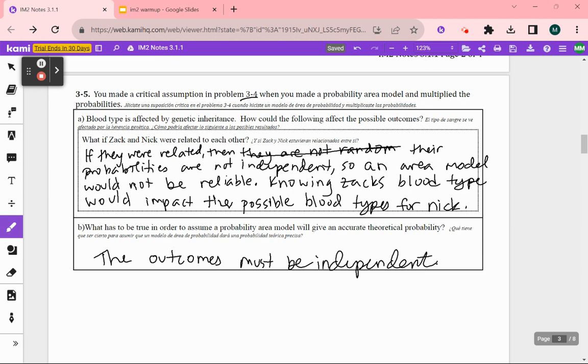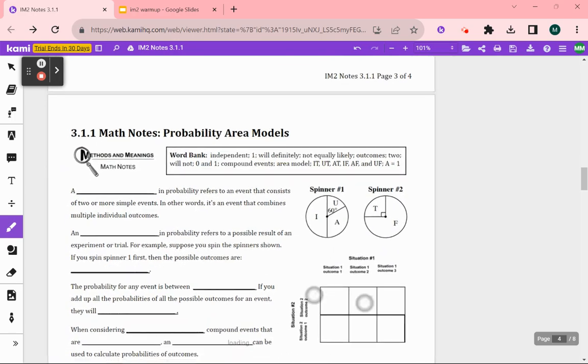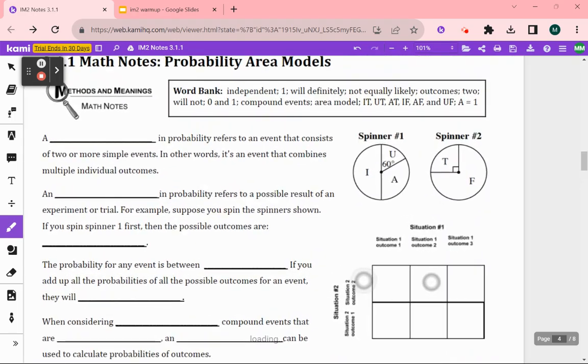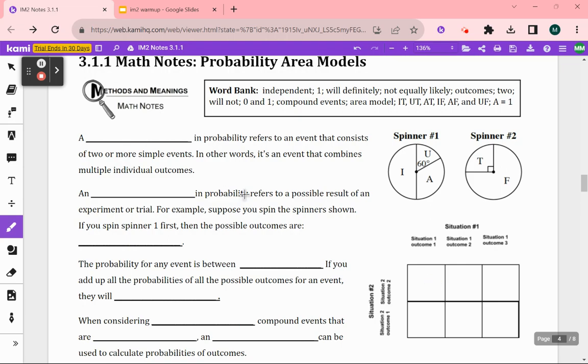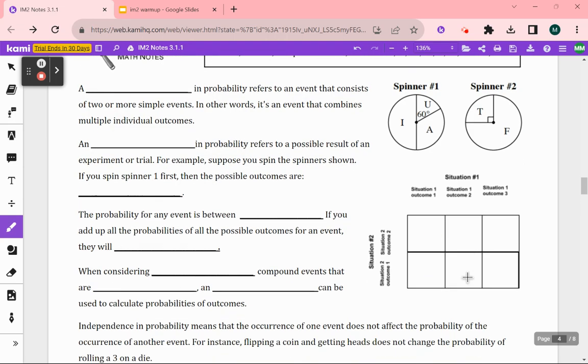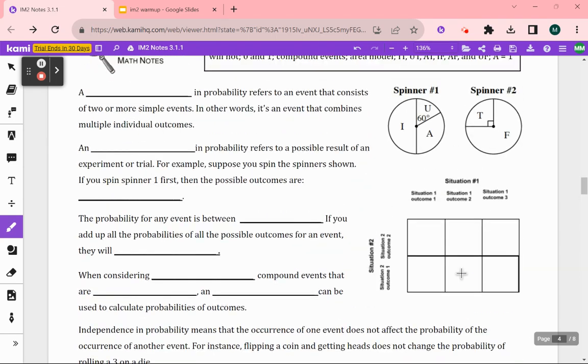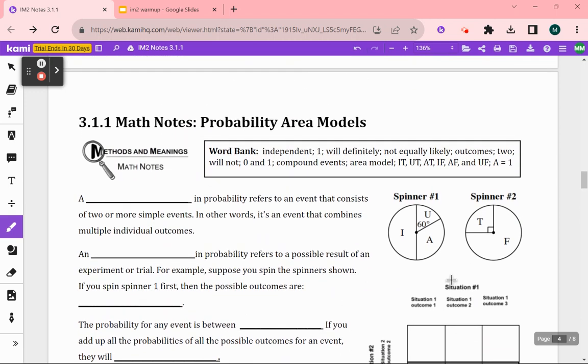Okay, we keep going. Last but not least. All right, here we have notes and a word bank. Here we go. A compound event in probability refers to an event that consists of two or more simple events.